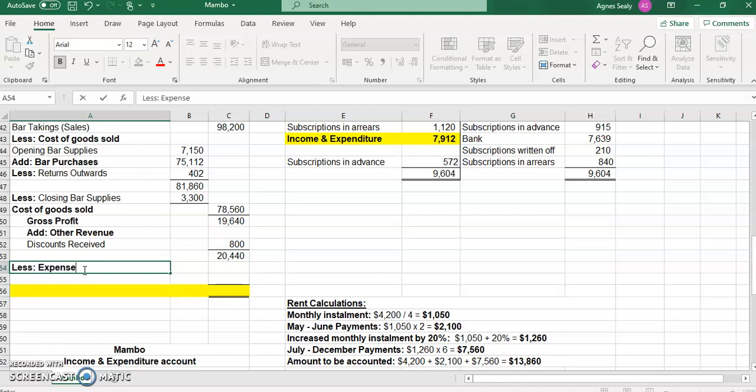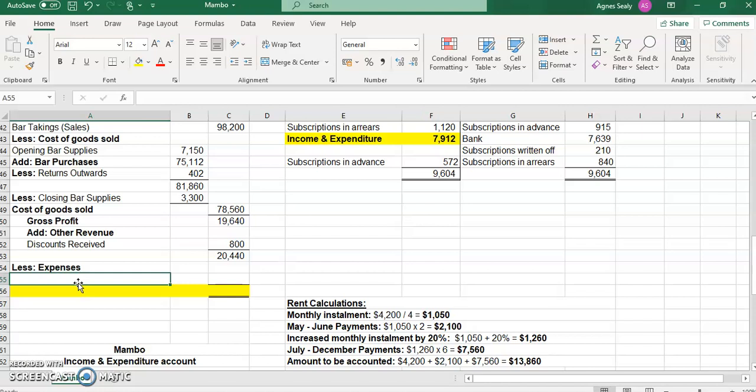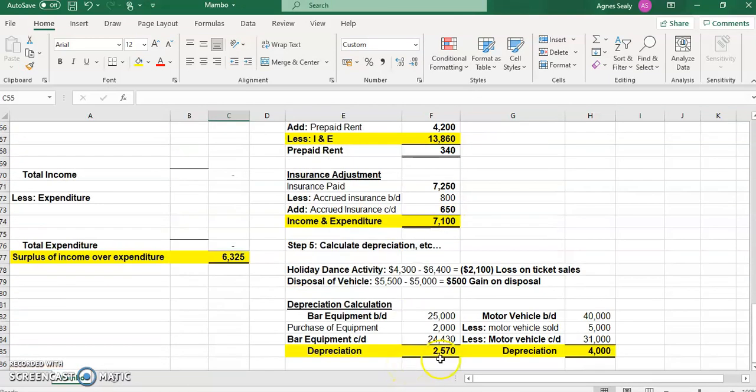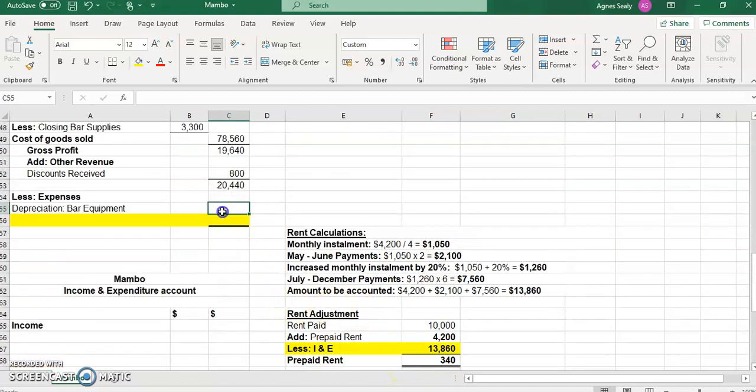And these are our bar expenses, only things associated with the bar. So if we have barman wages, you will subtract it here. We don't have barman wages, but we have bar equipment depreciation. And that depreciation, we calculated just now, that was $2,570.